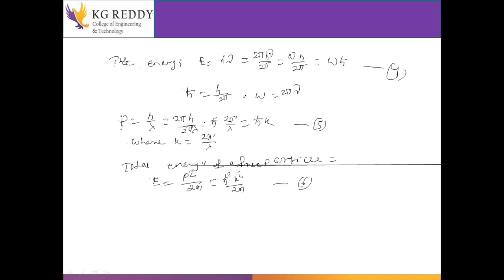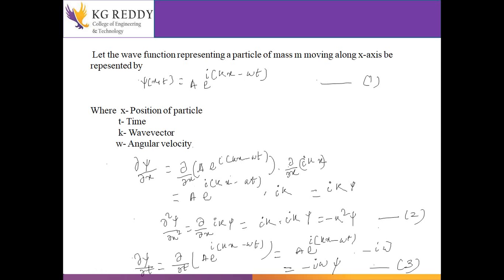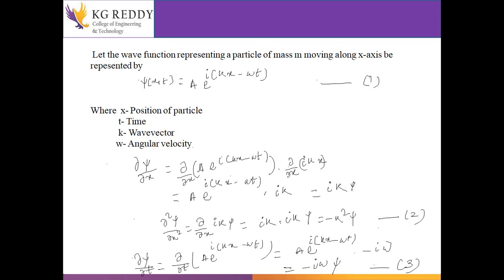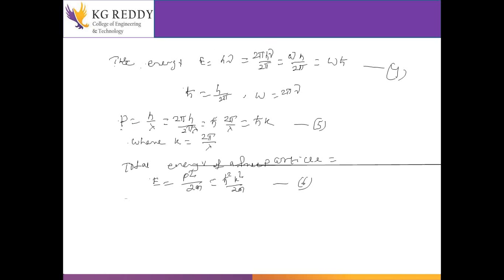Okay, next I will see here E equals h cross square k square by 2m. Then I will use the previous equation: del psi by del t, our equation number 3, equals minus i omega psi. I will multiply both sides of equation 3 by i h cross.